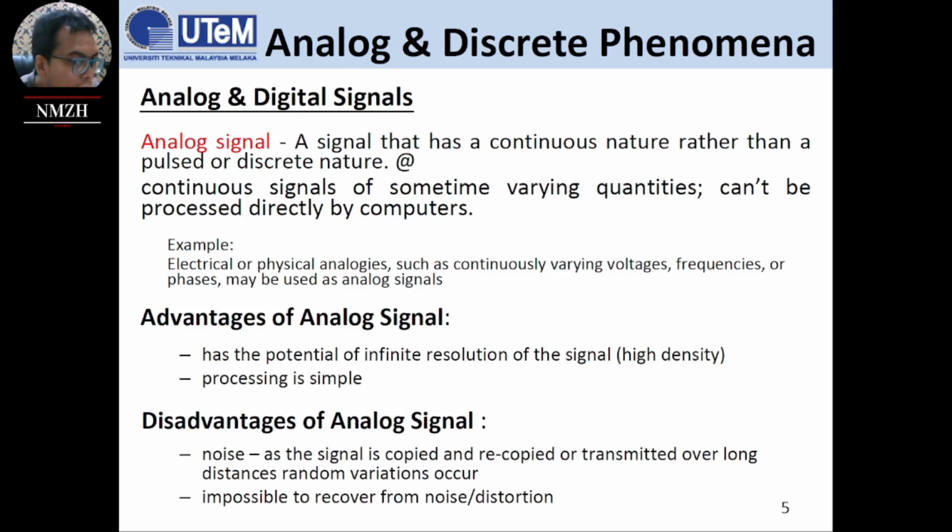Okay, so the advantage of the analog signal is that it has the potential for infinite resolution of the signal. So what is resolution? Resolution means high resolution. Remember, when we talk about resolution, it means how detailed the x-axis of one particular data is.